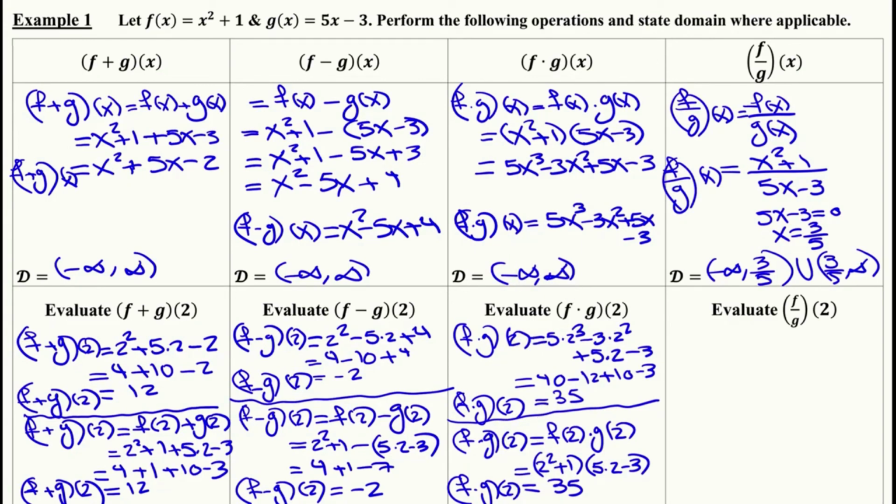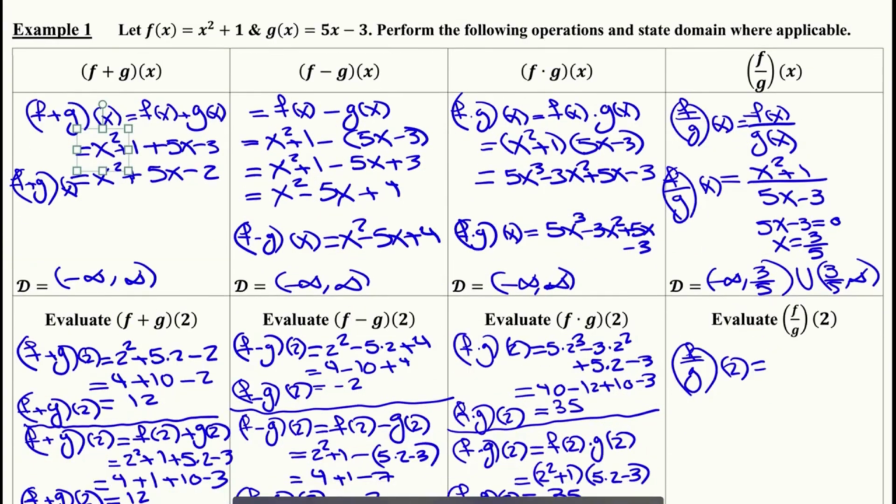The last one is f over g of 2, and of course 2 is not a problematic number. It is in the domain of f over g because it's not 3/5, so we can go ahead and compute it safely. So f over g of 2. Now notice that in this case, whether you do it using this or go directly, it's going to be pretty much the same thing.